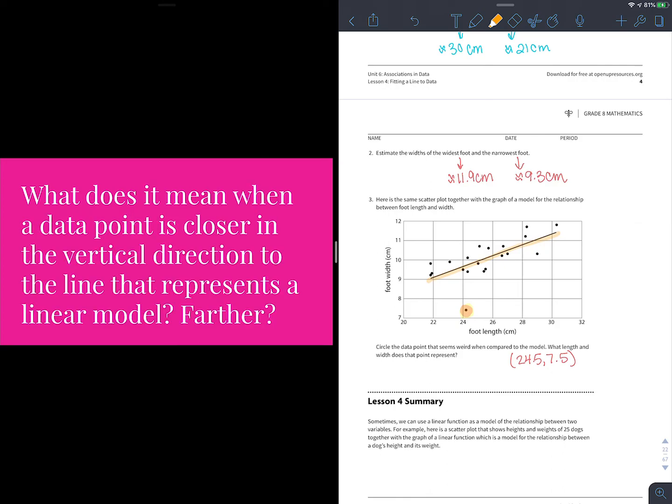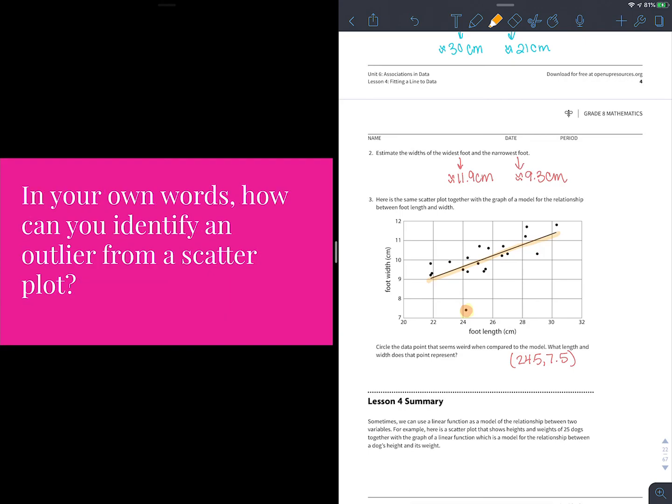What does it mean when a data point is closer to the line that represents a linear model, in the vertical direction, versus farther? Well, when the data point is closer to the line, it represents data that fits the prediction well. But when the point is farther from the line, the data does not fit that prediction well. So in your own words, how can you identify an outlier from a scatter plot? Reflect on that on your own.